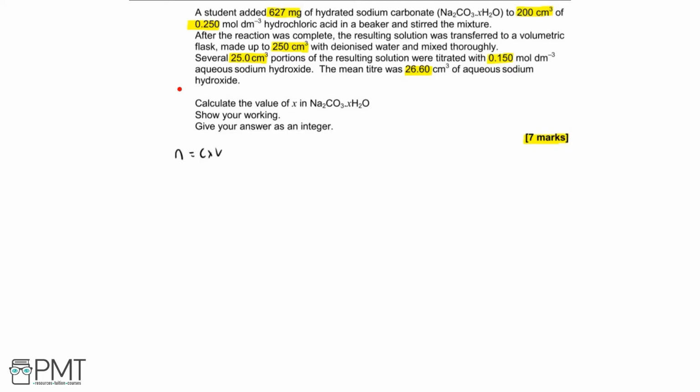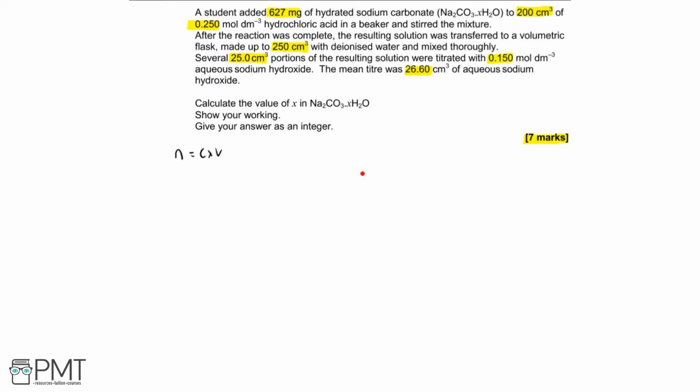Something to note though, those volumes should all be used in terms of their values in decimeters cubed. So if they are centimeters cubed, like in this question, we are going to need to convert those to decimeters cubed by dividing by 1000.